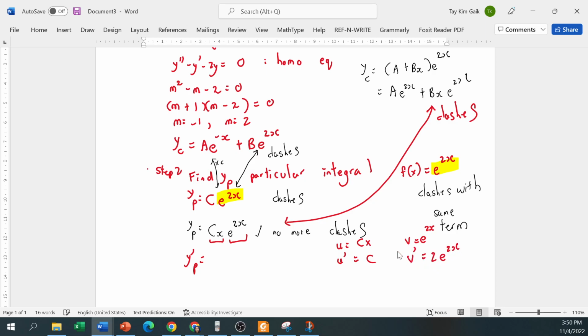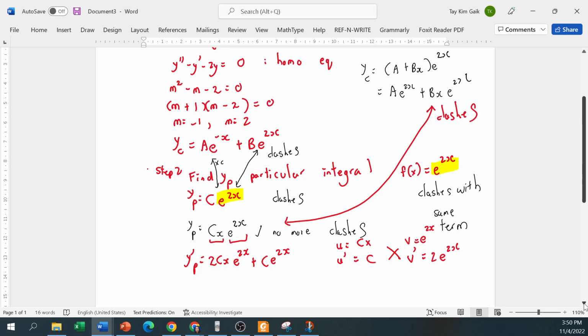So u v prime plus v u prime, that's what you get: 2cx exponent 2x plus c exponent 2x. Okay.